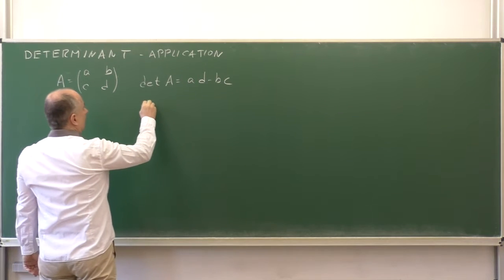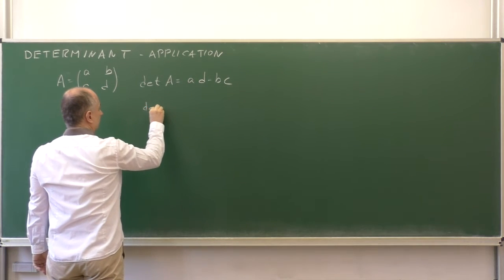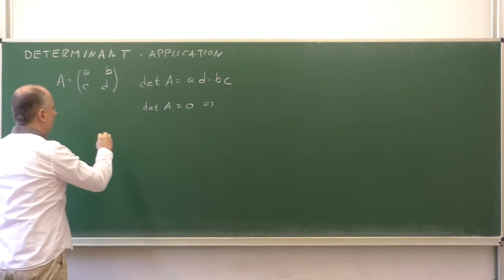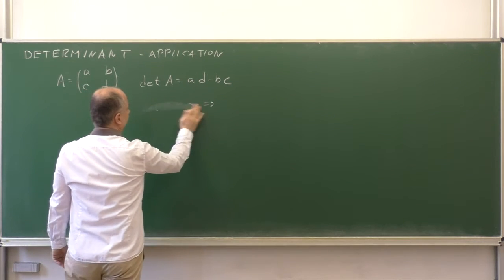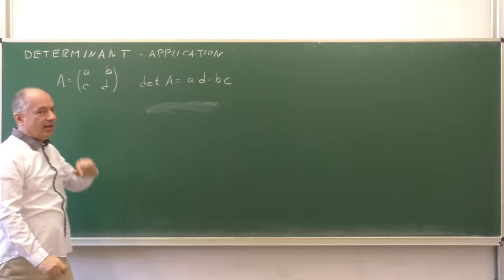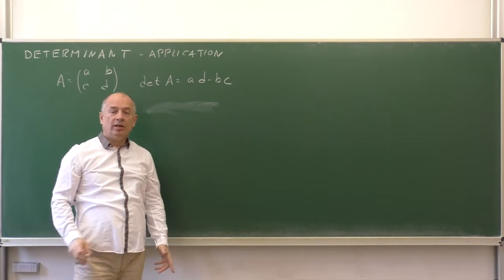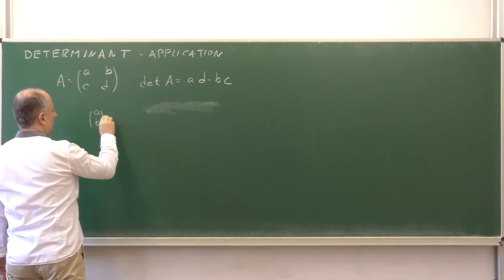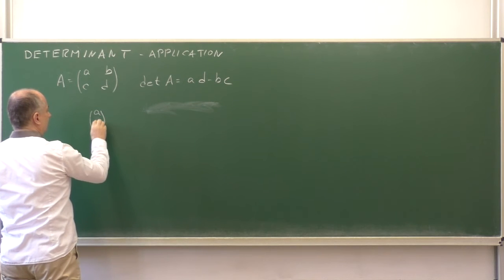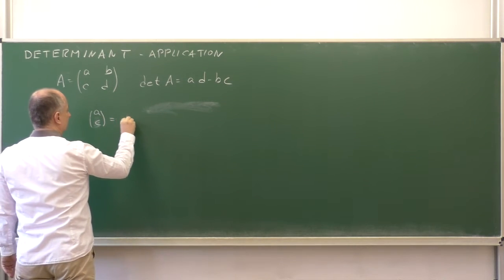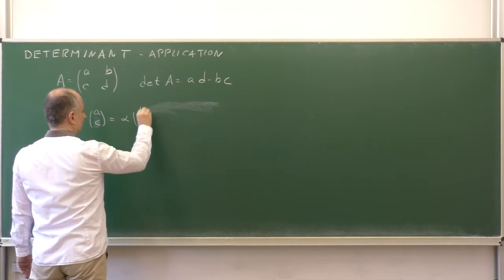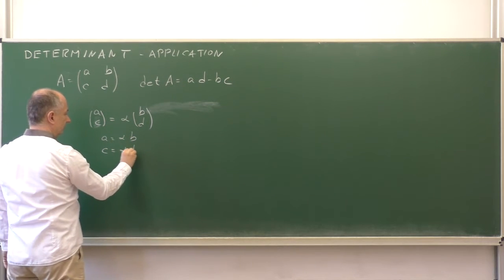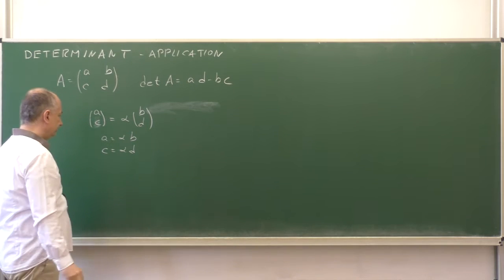So that means that if the determinant is 0... if they are linearly dependent, not yet. They are linearly dependent if either one of them is 0 or if one of them is a multiple of the other. So if, say, let's take the first column, it is some multiple of the other column, B, D. That means A is alpha B and C is alpha D, with alpha some number.